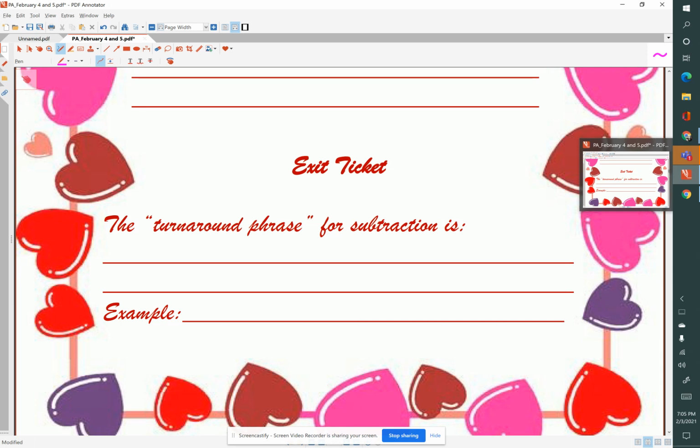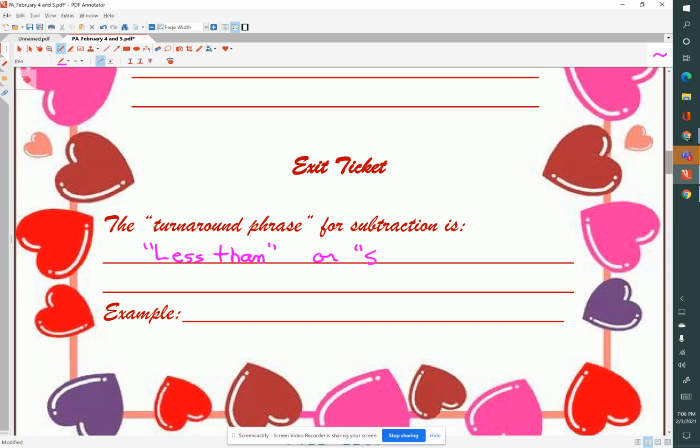The turnaround phrase for subtraction is phrases like we can have less than, or we could have subtracted from. And we're asked to give an example.